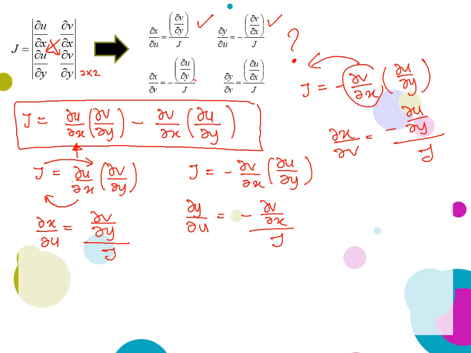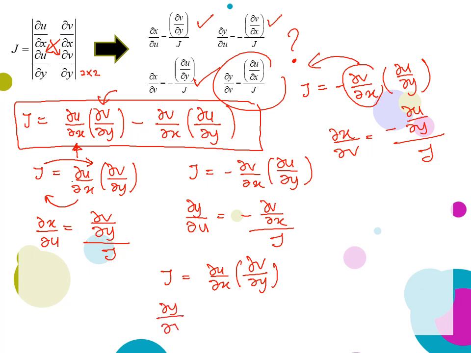Similar, isn't it? Same goes to del y del v, which you can get from del v del y. So J is equal to del u del x multiplied with del v del y. You take del v del y to that side, that will give you del y del v equal to del u del x over the Jacobian. So similar. That is how they get the formula.